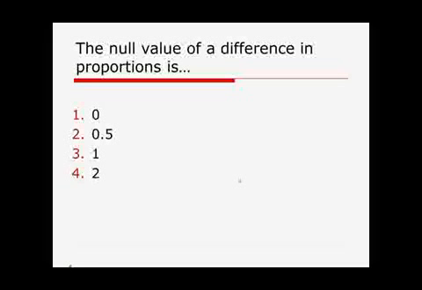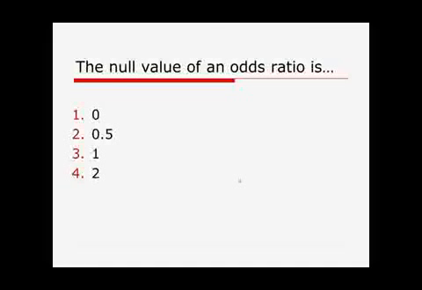Again, even though we're talking about proportions, you can look at a difference in proportions, and the null value of a difference would be 0. Odds ratio. Good. I think most of you got this one. An odds ratio is also a ratio measure, so the null value is 1.